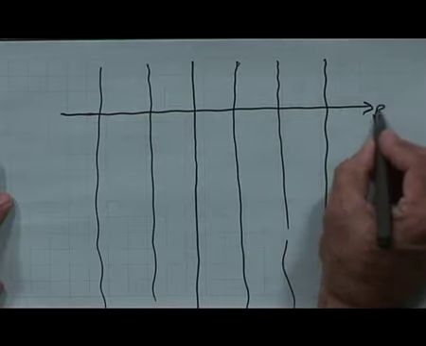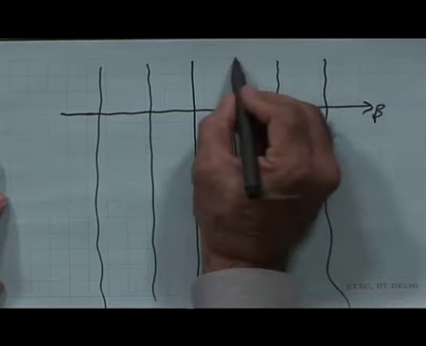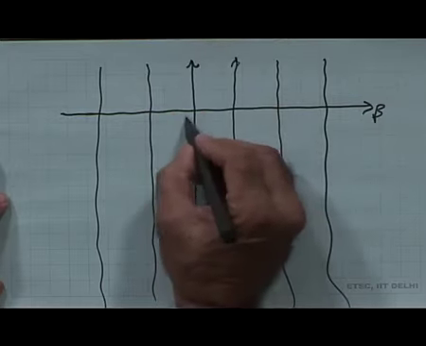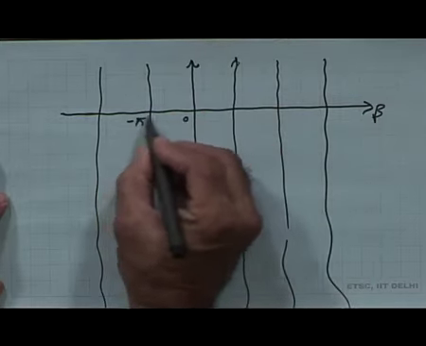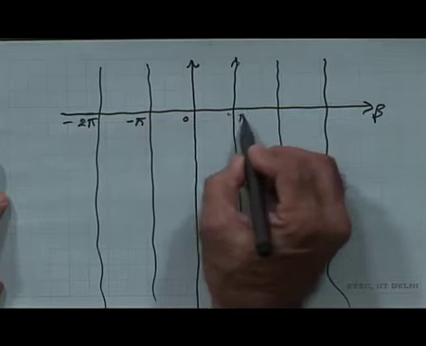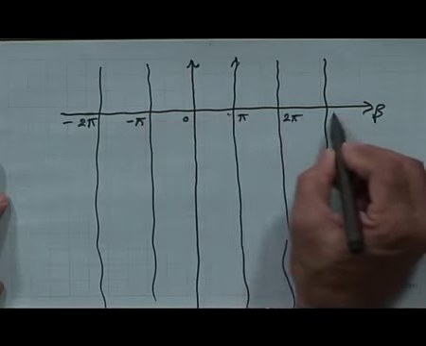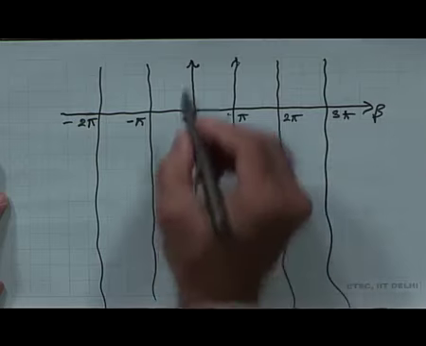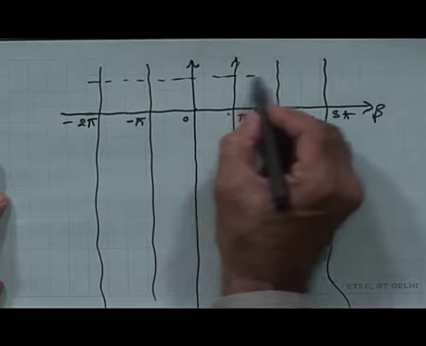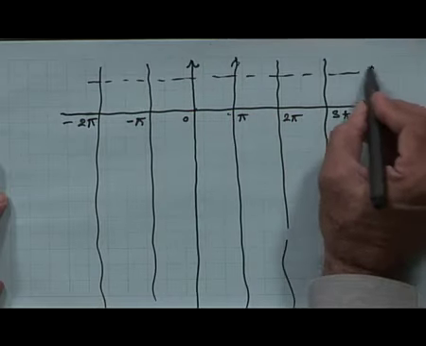So, this is beta versus, so this is 0 minus pi minus 2 pi, pi 2 pi 3 pi. So, it is 0 here. This is the level I 0.